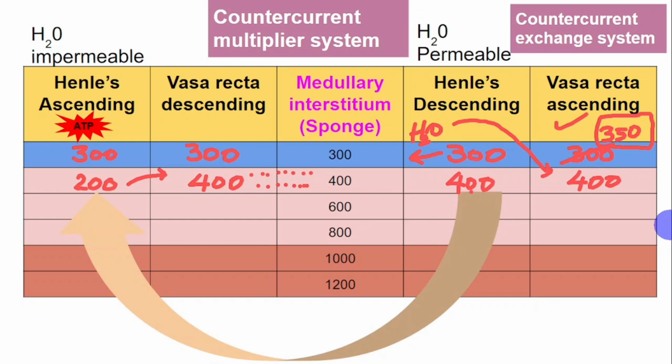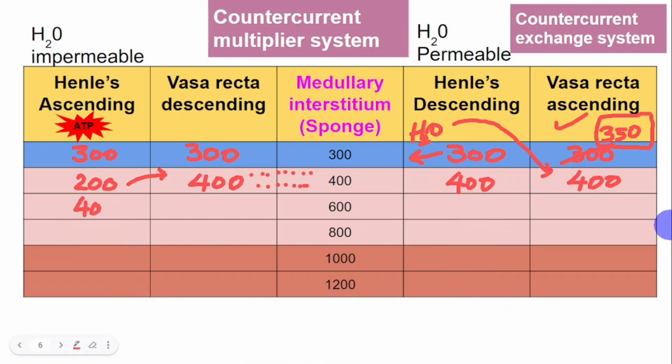Meanwhile, these 400 milliosmoles will move from the descending limb of Henle and reach the ascending limb of Henle. So now the new concentration is 400 here. Again, it will lose ions and the new concentration will be 600.